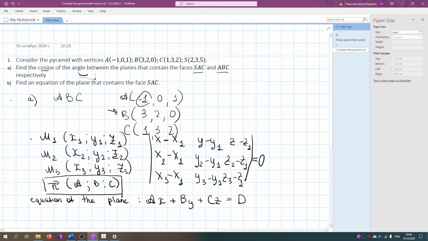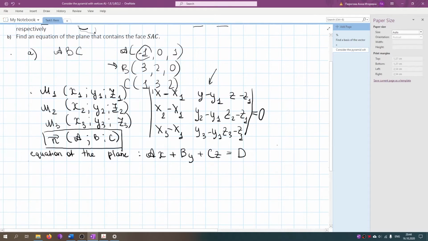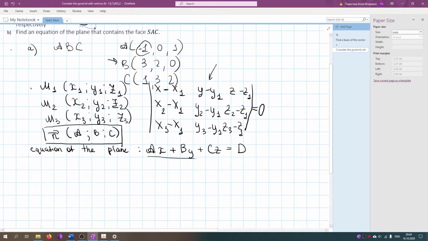B has coordinates 3, 2, 0. C has coordinates 1, 3, 2. And we have our wonderful formula, and we will just use it to get the equation of the plane and then to get the coordinates of the normal vector.